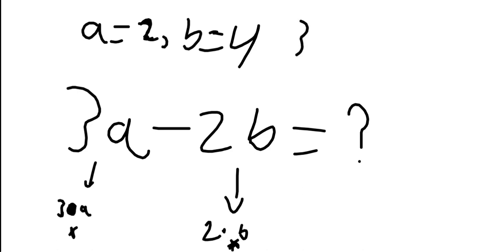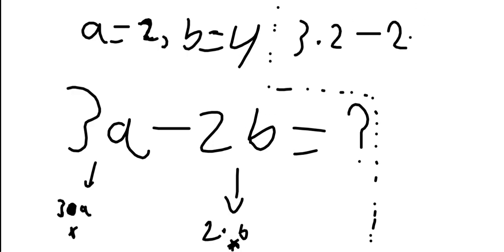So we can go 3 times 2 minus 2 times b, and b is equal to 4, so it would be 2 times 4, equals an unknown number.